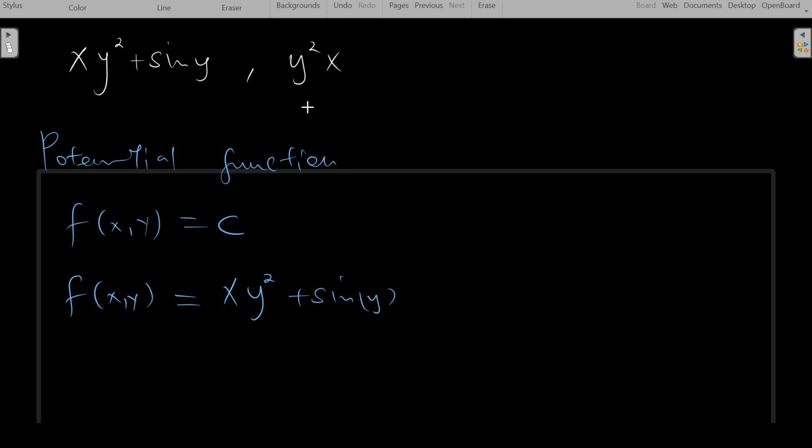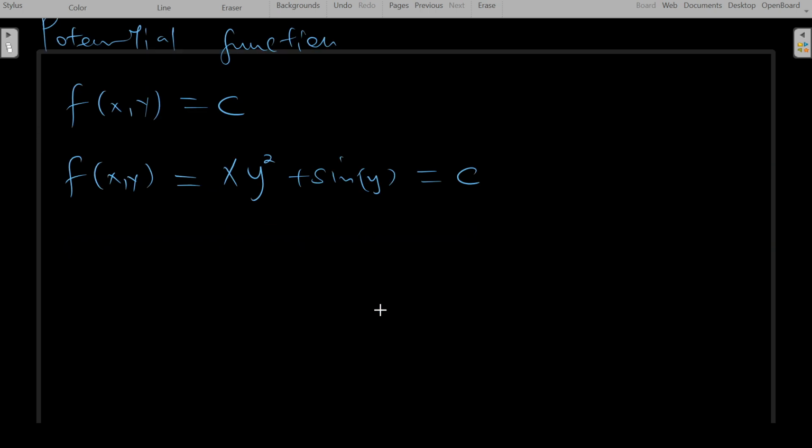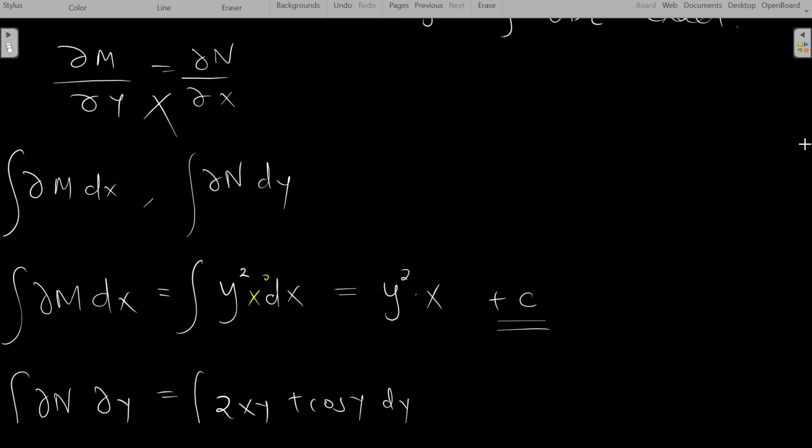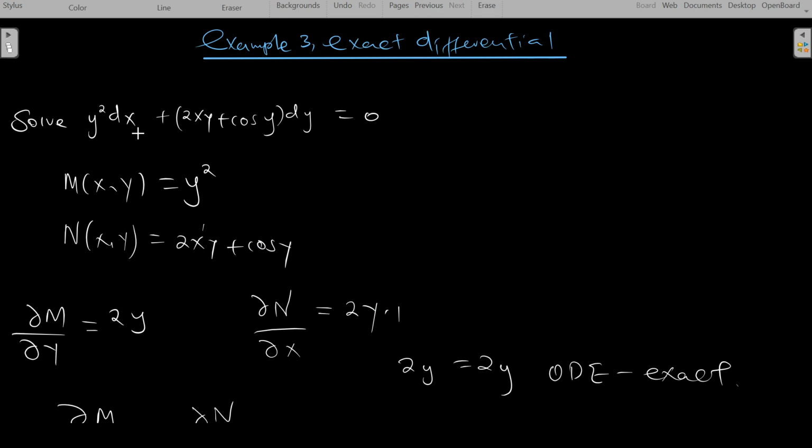As you can see at this point, y squared x has repeated itself, so I'll equate this to a constant. So this is our general solution, where if we are given an initial condition, we'll get the exact equation that had been differentiated using implicit differentiation to get this form.